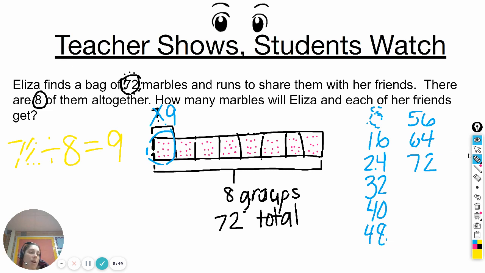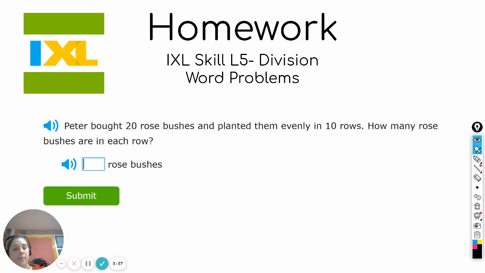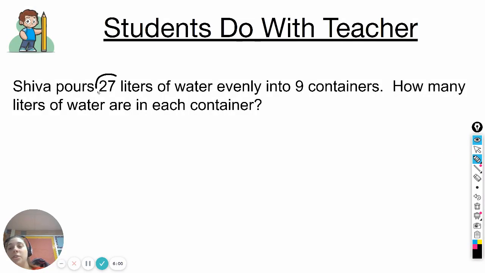Okay, let's go ahead and have you try one with me. Shiva pours 27 liters of water evenly into 9 containers. How many liters of water are in each container? So first, I'm going to have you write your equation. We have 27 liters, and we're dividing it into 9 containers or 9 groups.